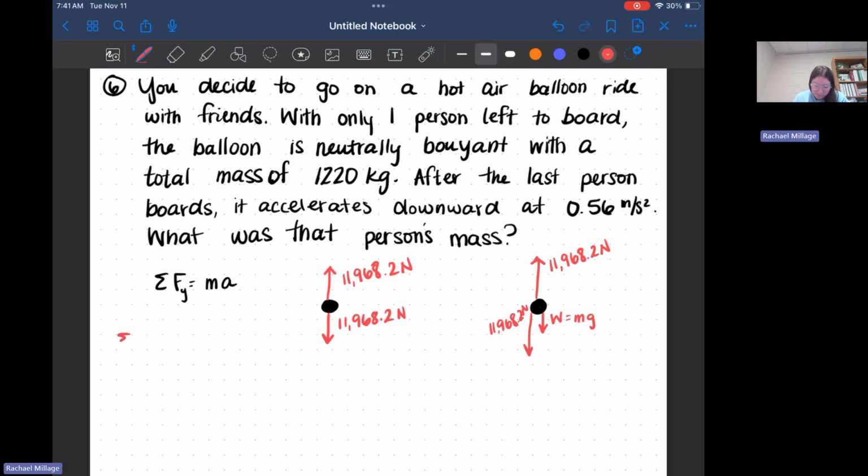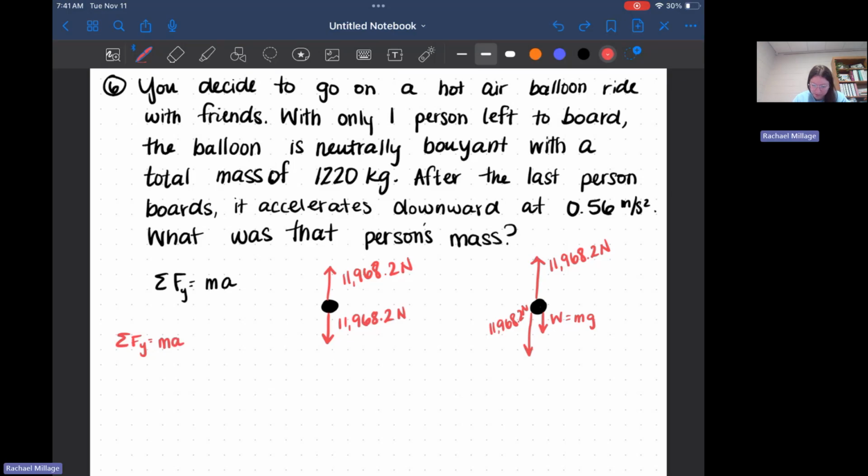So the sum of all of my forces in the y direction is equal to the total mass times acceleration.